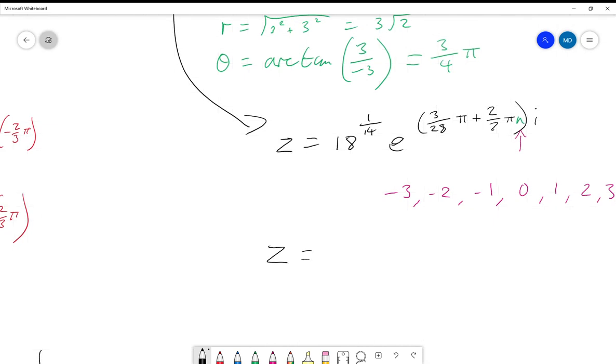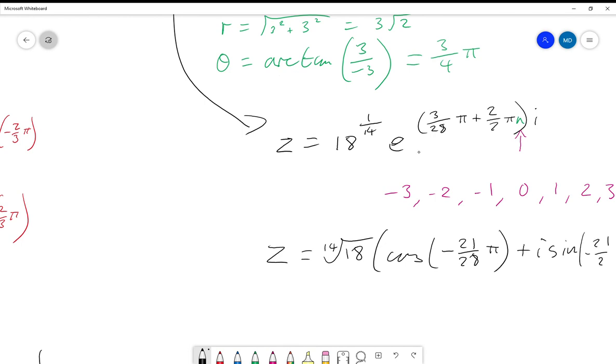And our 7 different roots will be z equals, and in this case I am just going to leave it in sine cosine form, and in fact I'm not even going to work out what the 14th root of 18 is. The 14th root of 18 multiplied by cosine of, and putting in -3, we get -21 over 28 pi plus i sine of -21 over 28 pi.